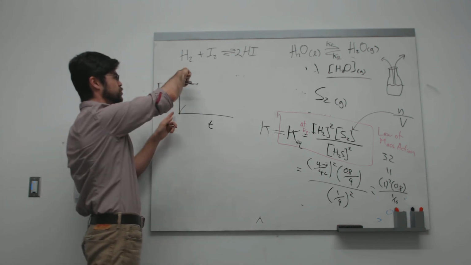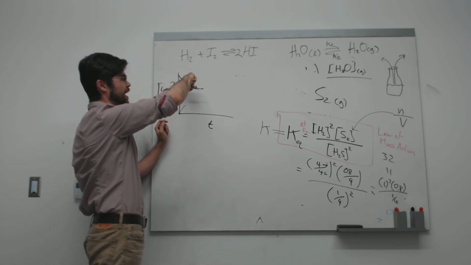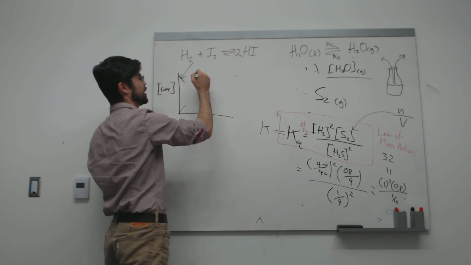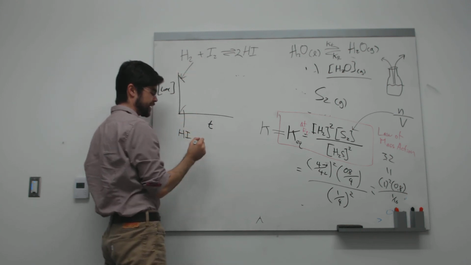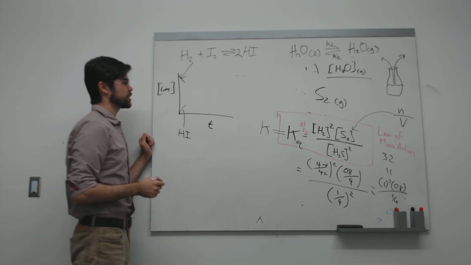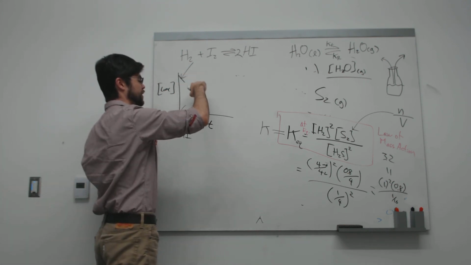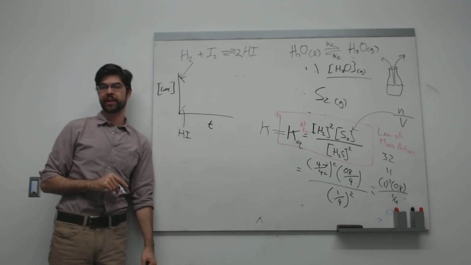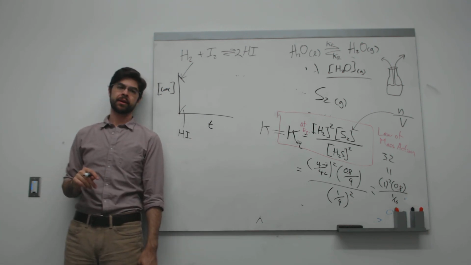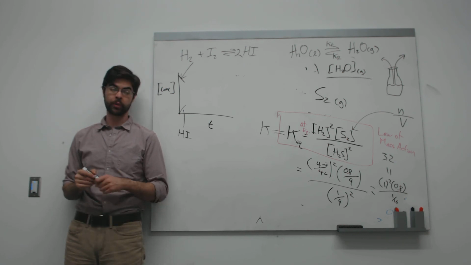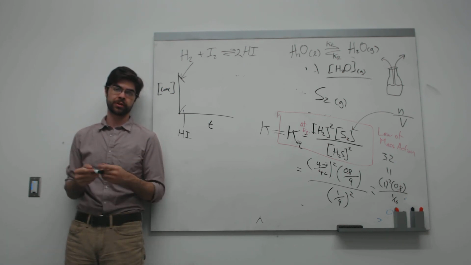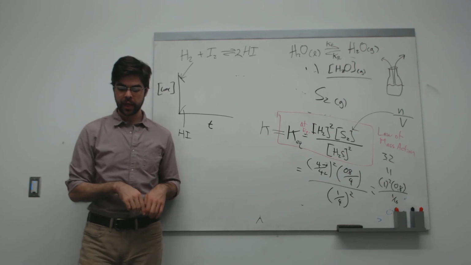So initially, yeah, you start losing hydrogen. This is referring to hydrogen and iodine concentrations. This is referring to hydrogen iodide concentrations. Initially, you're just losing reactants and producing products, sort of like if we weren't thinking about the reverse reaction at all yet, the way we had last week before we started talking about reverse reactions.